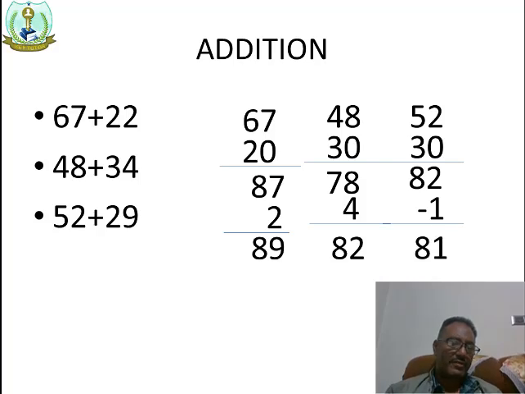Now the sum is going to be 81. So sometimes you have a little bit of trick just to have a multiple of ten. Instead of working with a carry, you can also add some number to make a multiple of 10, then you subtract that number you have added.